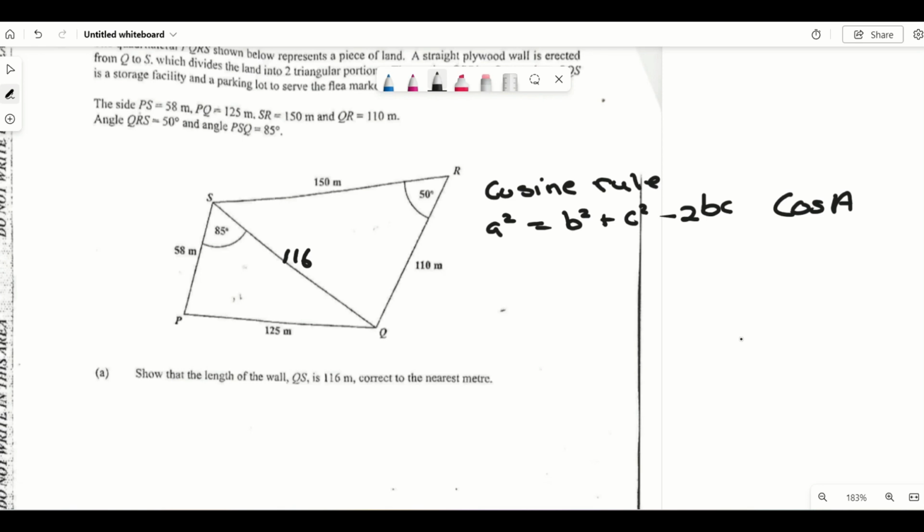The small a, b, and c are sides, right? And cos A would be your angle.